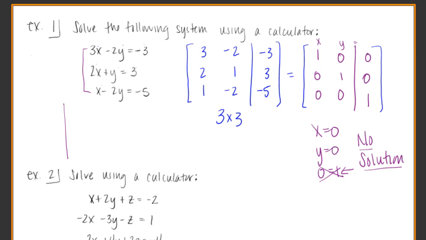If you wanted to draw this, you could have one coming up like this, another coming down like that, and I could even have a third one coming across like this. So there's intersection points here, here, and here, but there's no one point where all 3 are crossing at the exact same spot. So therefore, there's no solution to this whole system as one. Okay? That's what we're looking for whenever we're doing this.